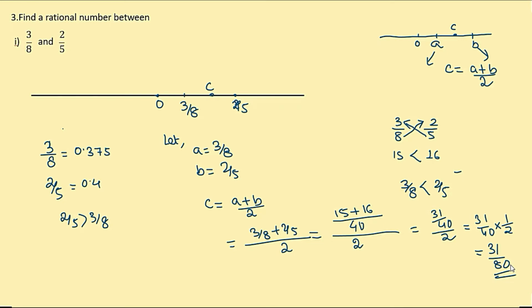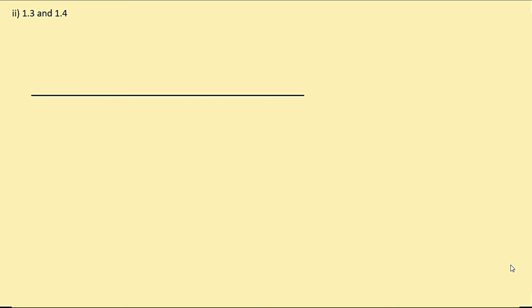Okay, so let's look into the second sum. So here 1.3 and 1.4. This is a bit easier because you can easily find out which number is greater. So 1.3 is the smaller number and 1.4 is the larger number, and C is a number between 1.3 and 1.4.